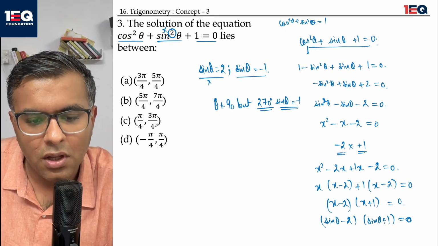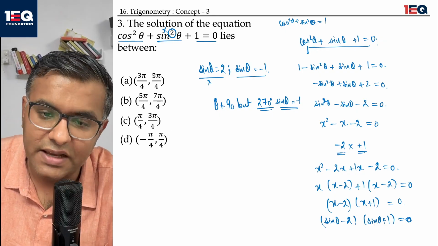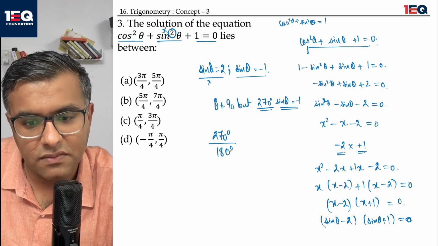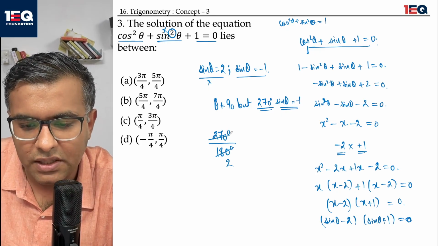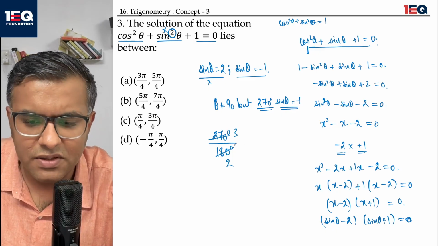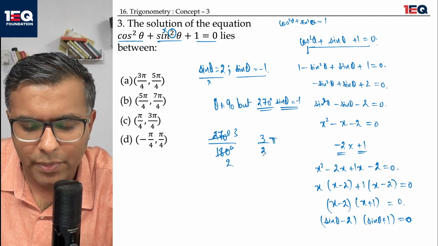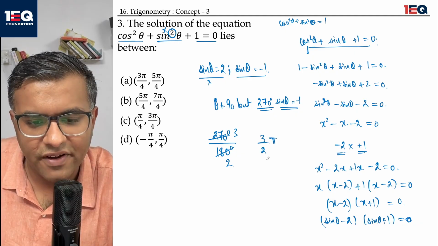I need to find out where the 270 degree lies. If I convert 270 degrees into pi, 9 2s are 18, 9 3s are 27, the 0 and 0 get cancelled. So I get the value 3 by 2 pi, which is nothing but 1.5 pi.